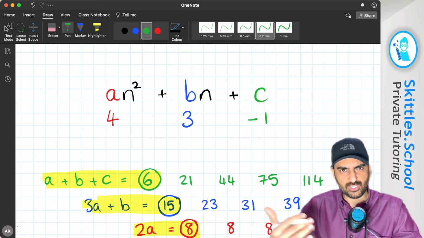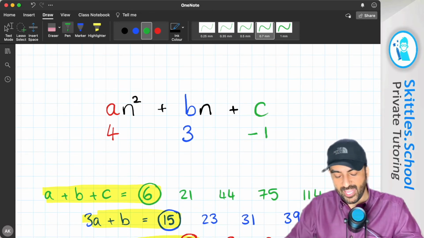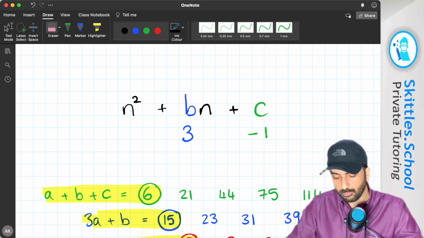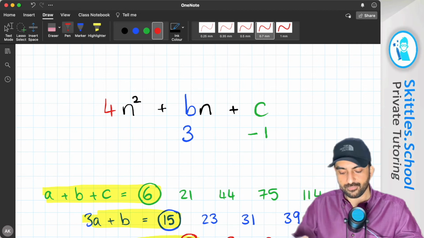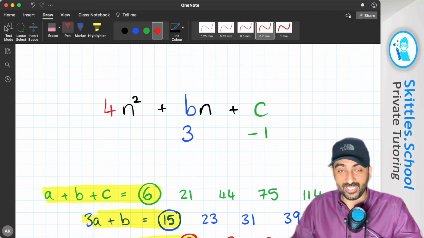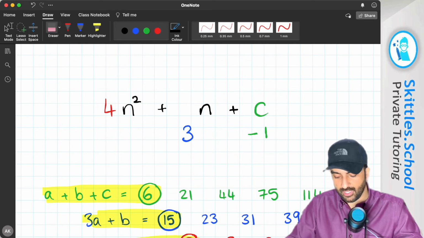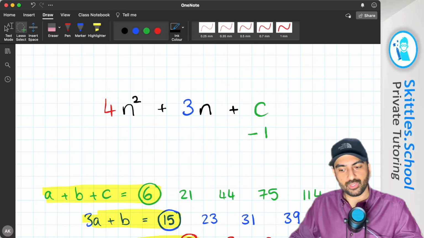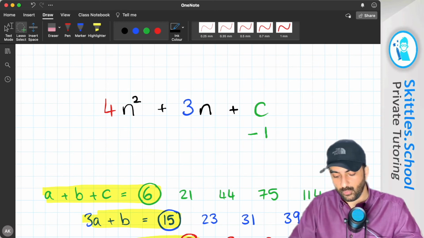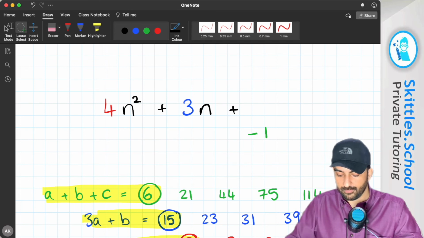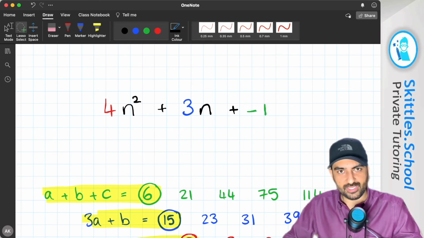Now let's actually sub them in. So a n squared, well, a is 4, so I can erase that and put the number 4 there. Plus bn, well, b is 3, so again we can erase that and put the number 3 there. Plus c. Now we know that c is equal to minus 1. But now we have a plus and a minus standing next to each other.